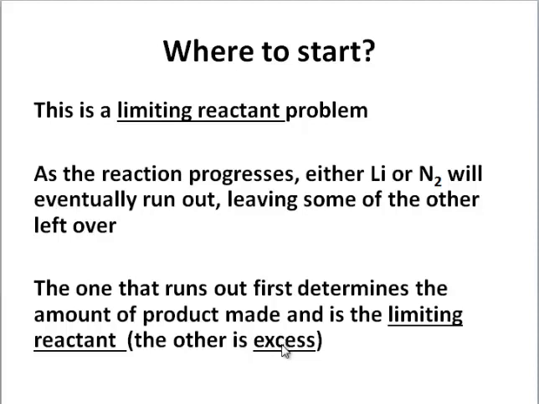In other words, previous problems have told you what the excess reactant is. You've been told that there's enough to react with the other reactant, for example. Here, you are not told which reactant is excess.